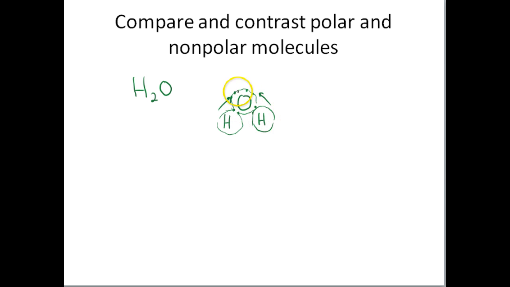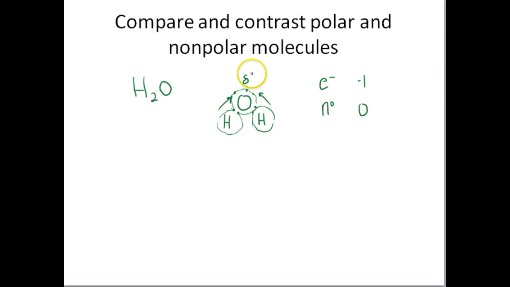And one side of this molecule over here will have what we call a partial charge. And the partial charge means that if an electron has a charge of -1, and neutral has a charge of 0, then its charge is somewhere in between 0 and -1. It's not as strong as an electron's charge, but yet it's not 0. It does exist.